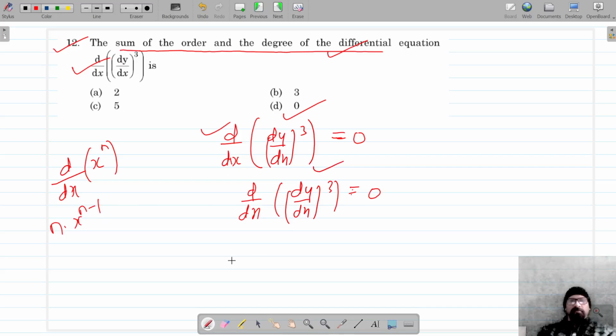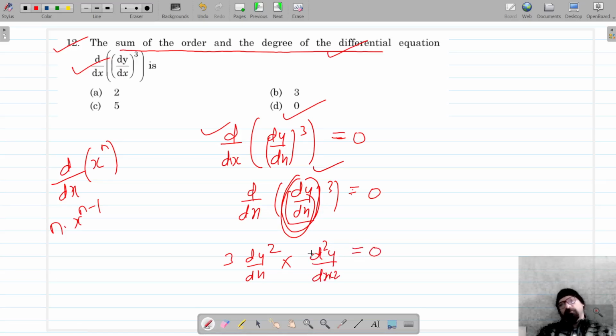So n here is 3, so 3 into (dy by dx) raised to the power 3 minus 1, which is 2. And then again, because it's not x, we have to write down its differentiation, which is the second order derivative, d square y by dx square, is equal to 0.